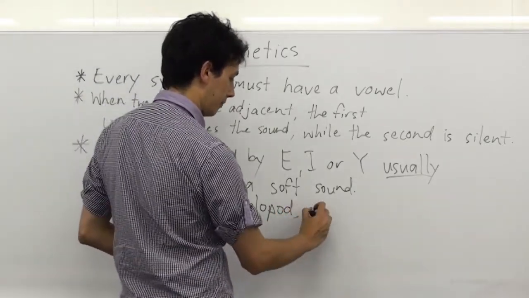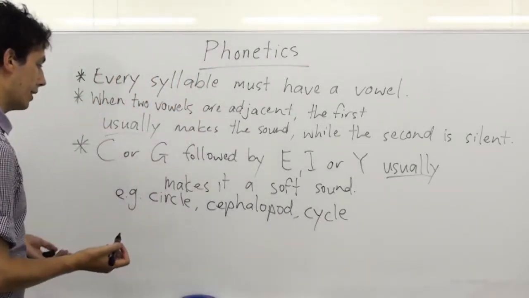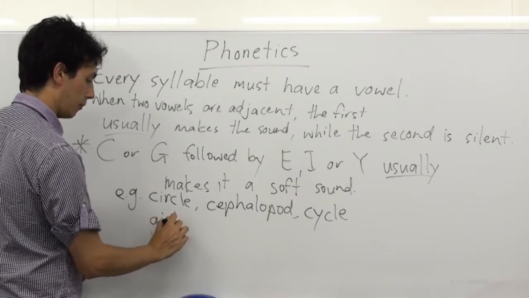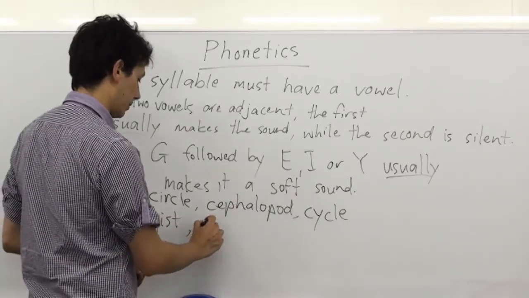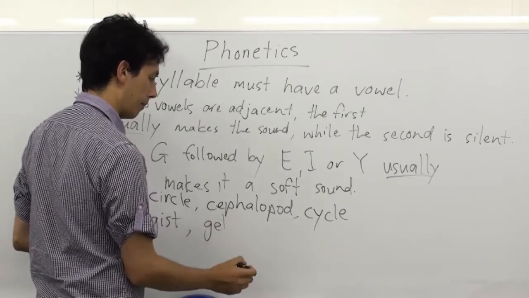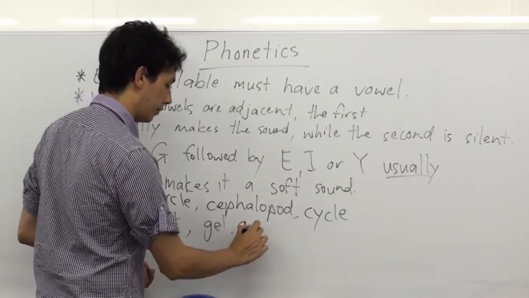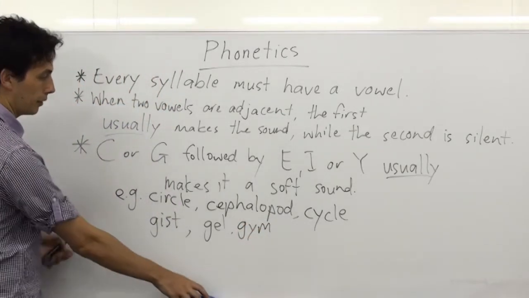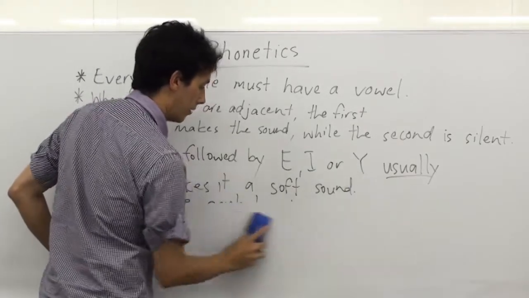And cycle, like bicycle or tricycle. For G, we have gist, like hopefully you've got the gist of this lesson so far. We have gel or gem, and gym, as in gymnasium. Gym. Those are a few examples.